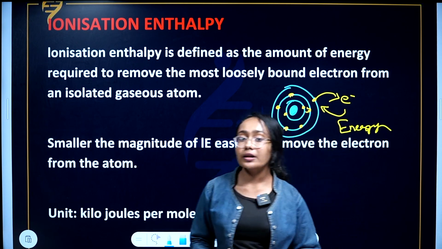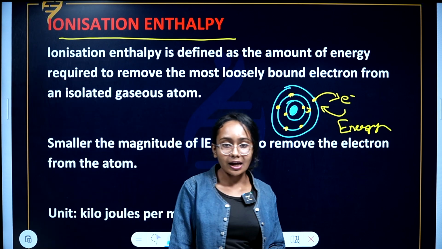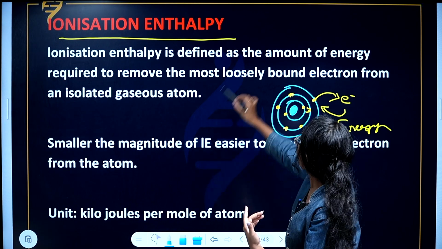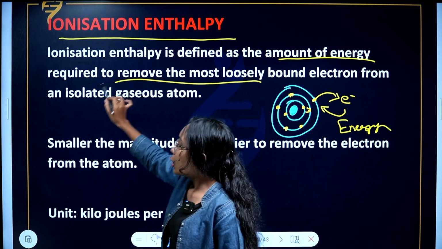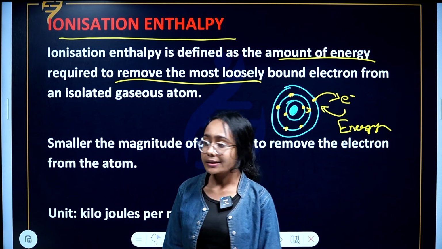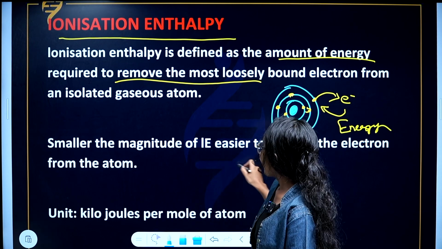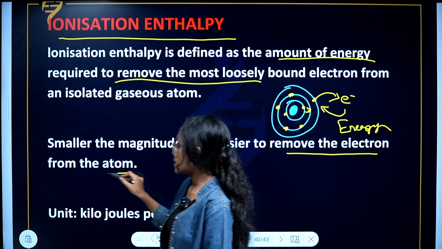This amount of energy is known as the ionization enthalpy. Ionization enthalpy is actually the amount of energy required to remove the most loosely bound electron from the outermost shell of an atom. So smaller the magnitude of ionization enthalpy, it is easier to remove from the atom.